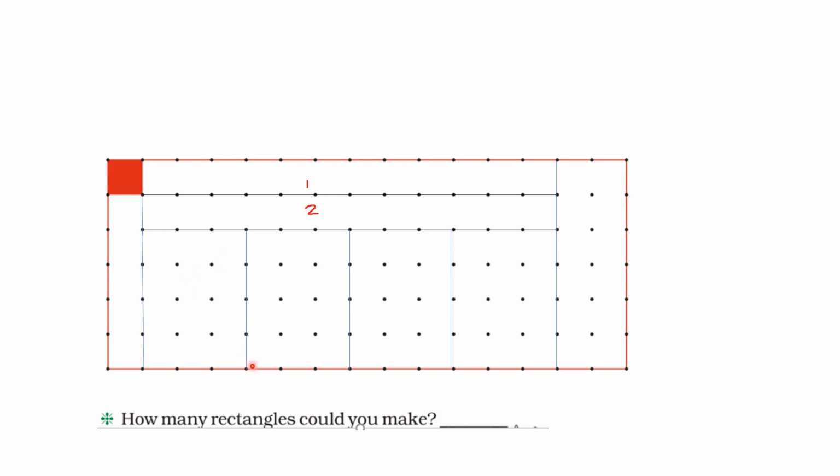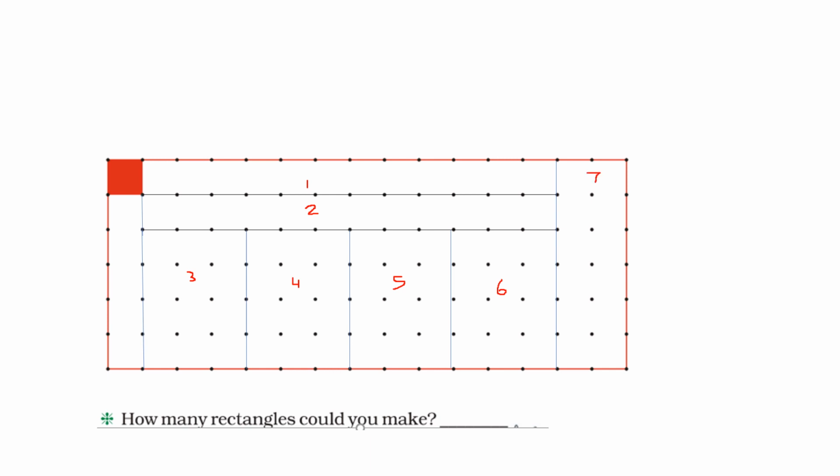Again, now we'll count the third one. This is the third rectangle, this is the fourth rectangle, this will be the fifth one, this is the sixth one, and this will be the seventh one. Fine.